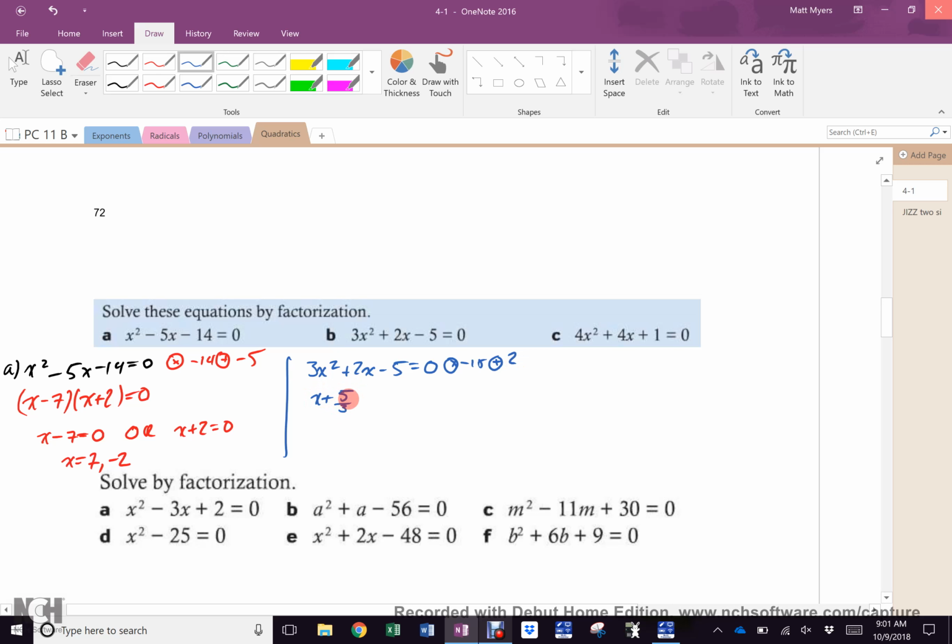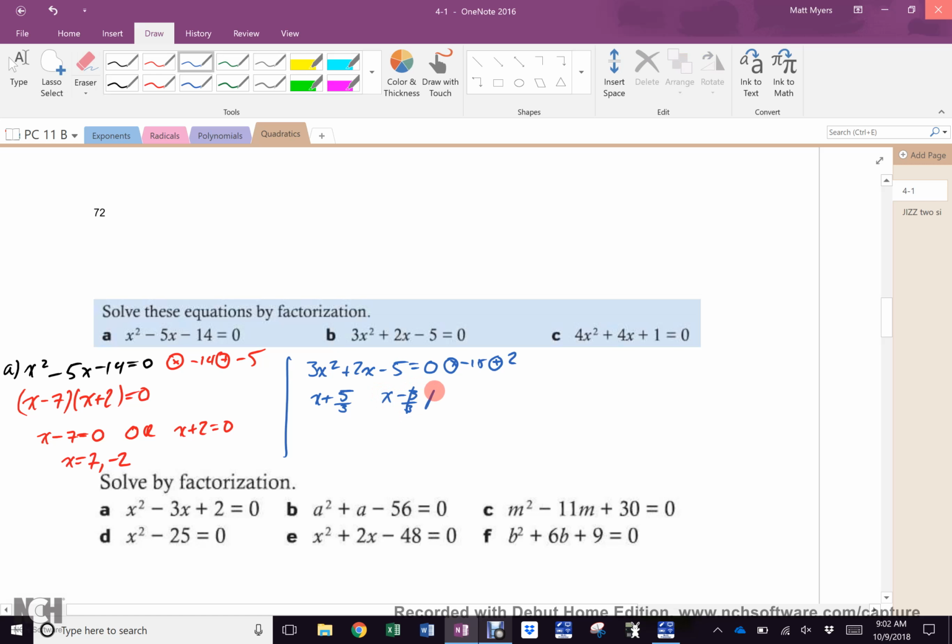And then the other one is going to be x minus 3, but it's not really 3. What is it? 3 divided by 3. And then I would simplify the fractions to get 1.